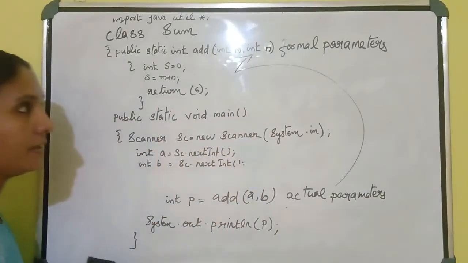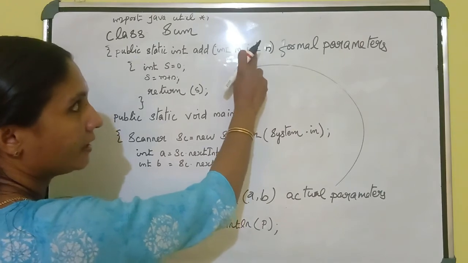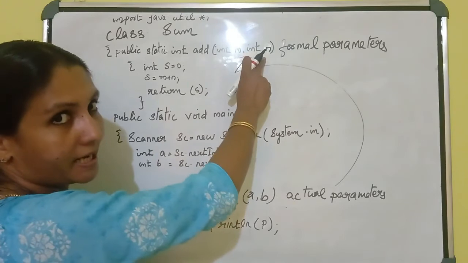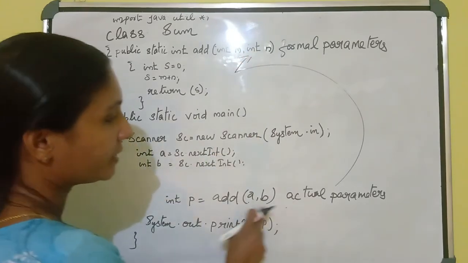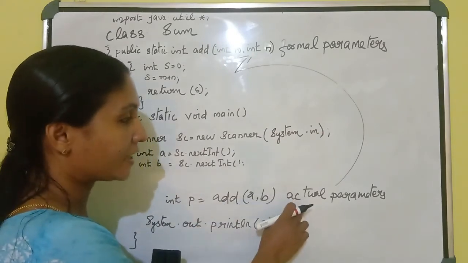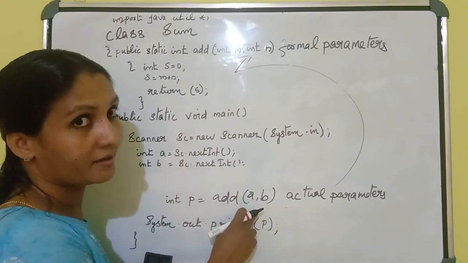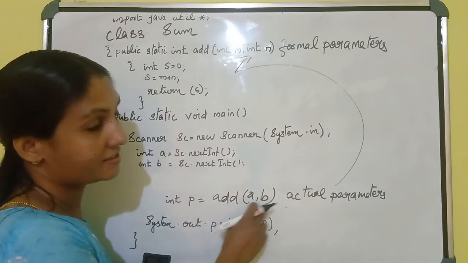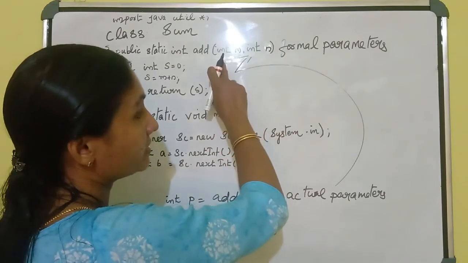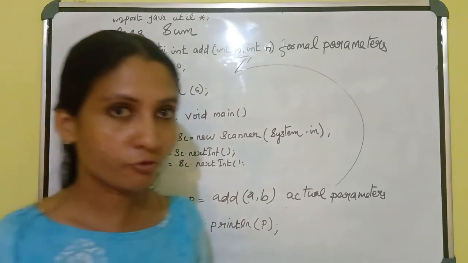That means formal parameters are preceded with a data type, and actual parameters are not preceded with a data type. Actual parameters are created when you are invoking a function. But formal parameters are created when you define a function. That's the difference between actual parameter and formal parameter.